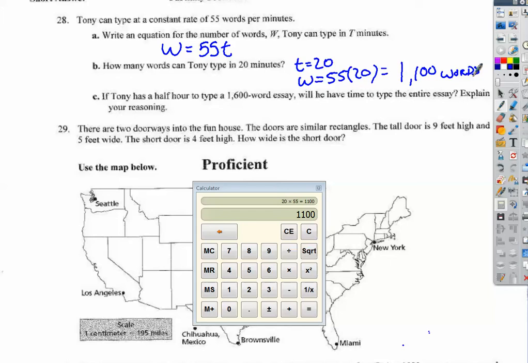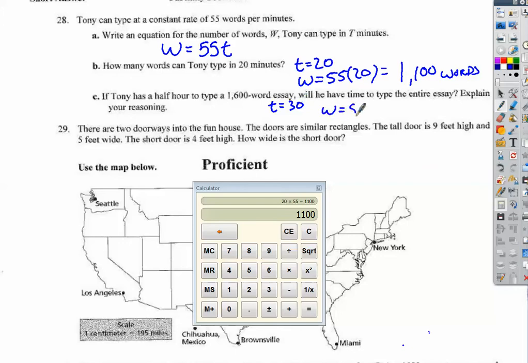I mean, who wouldn't? All right, if Tony has about half an hour to type a 1,600 word essay, will he have enough time to type the entire essay? Explain. Well, here's the thing. They're saying half an hour, so that's a T of 30. So I'm going to plug a T of 30 into my equation.